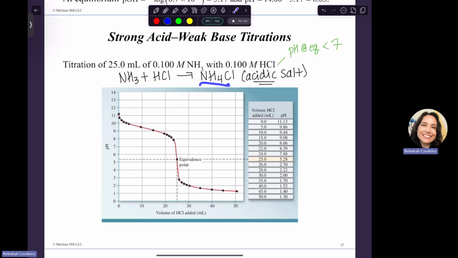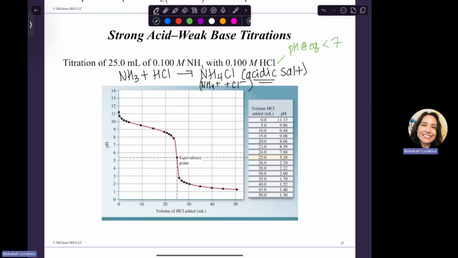This one's a kind of a double replacement, I guess I can make it look like a double replacement if we did NH4 plus and Cl minus. That one's a little bit weird because there's not a water in there. Technically there is water, but it's not part of the reaction for this one.